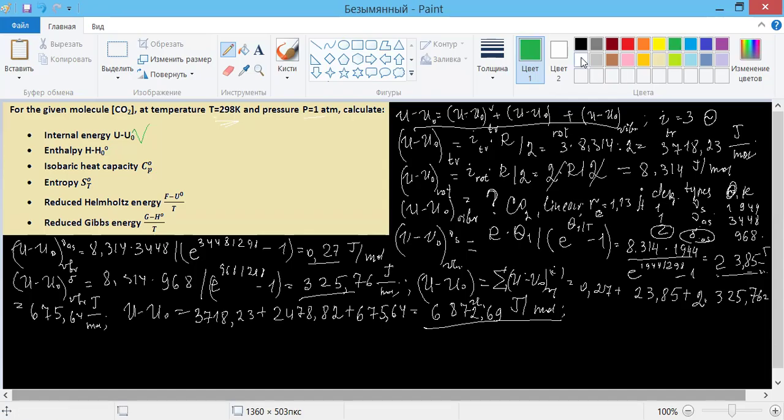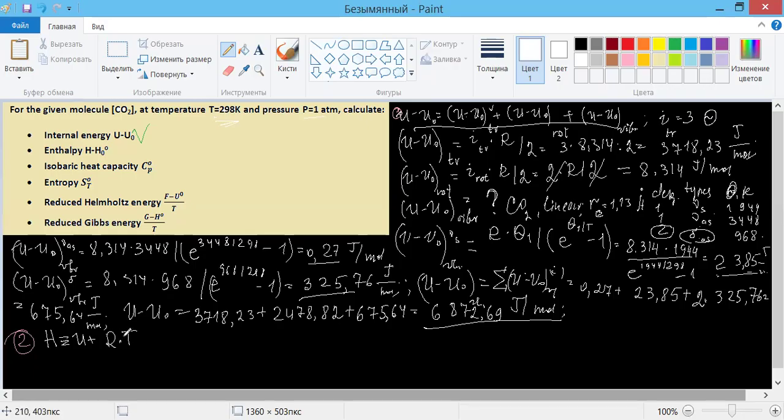Okay, now we can proceed to the second. It's very easy to do because we remember that H is equal to U plus R times T, right?